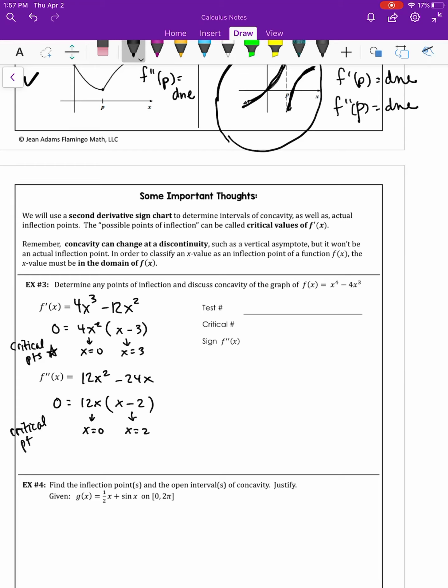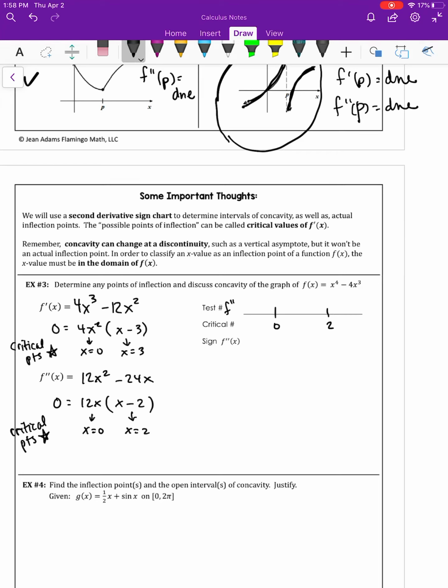And these are your critical points for your second derivative. And since they're asking about points of inflection and concavity, we're going to put our 0 and 2 here, and we're going to be looking at the f double prime sign.